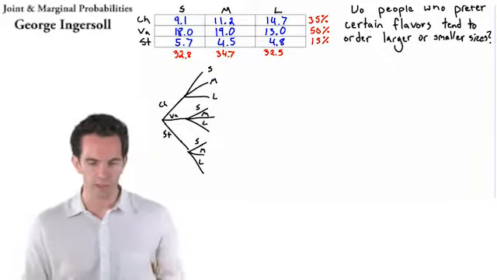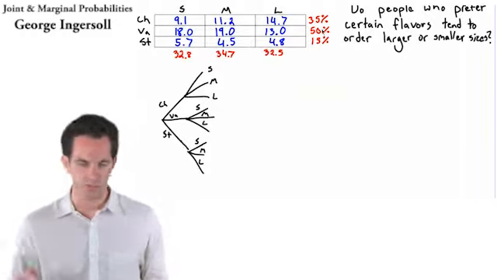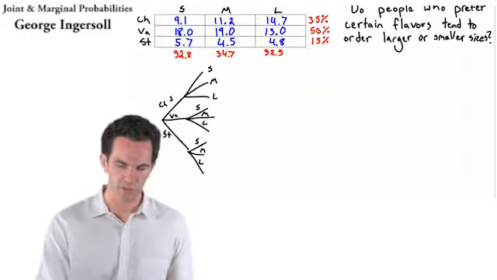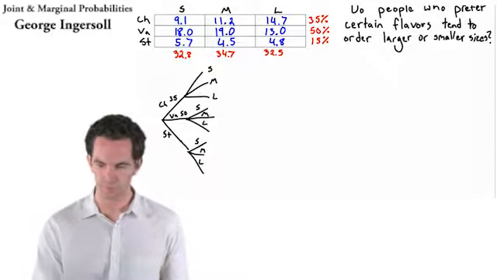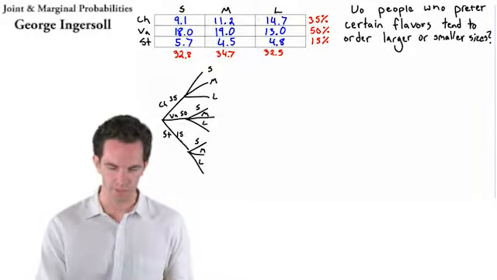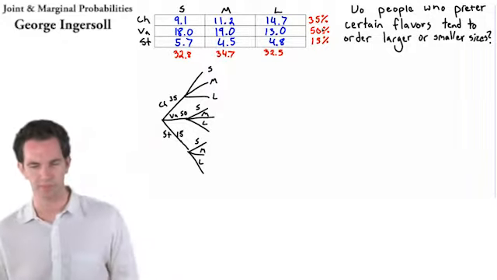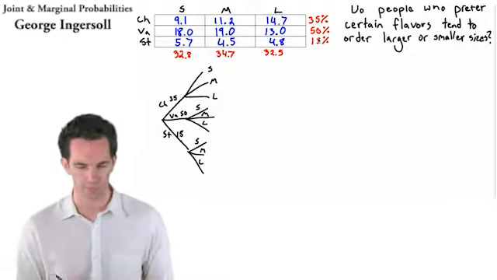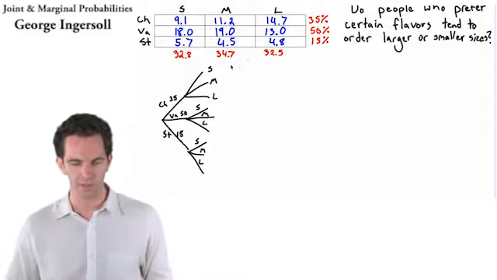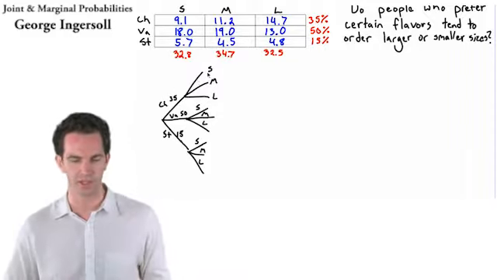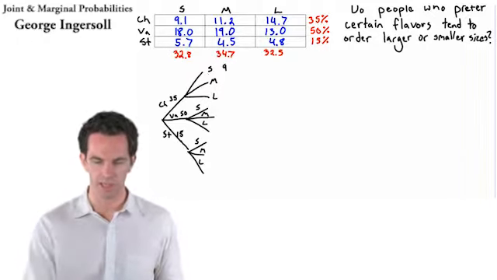Okay, we know that of all of our customers, 35% order chocolate, 50% order vanilla, and 15% order strawberry. We know that. That was given to us. We got that by adding up the totals here. We also know that of those who order chocolate, the intersection between chocolate and small is going to be 9.1.